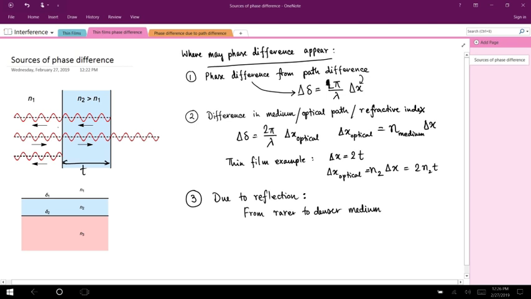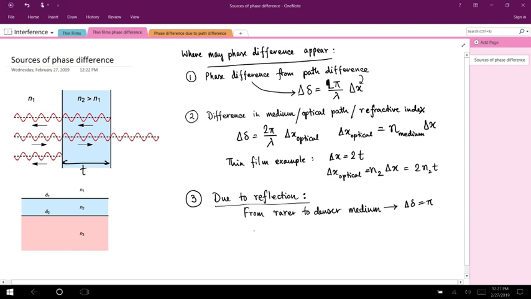Right. So what am I talking about? I'm talking about the interface itself. So whenever you are talking about reflection, you would go to the interface and see which two media are in question, and you look at where the incident light is coming from and where it is trying to go, right? So if it's coming from rarer and trying to go to denser, then there's a phase change. This is associated with a delta delta of pi or 180 degrees.